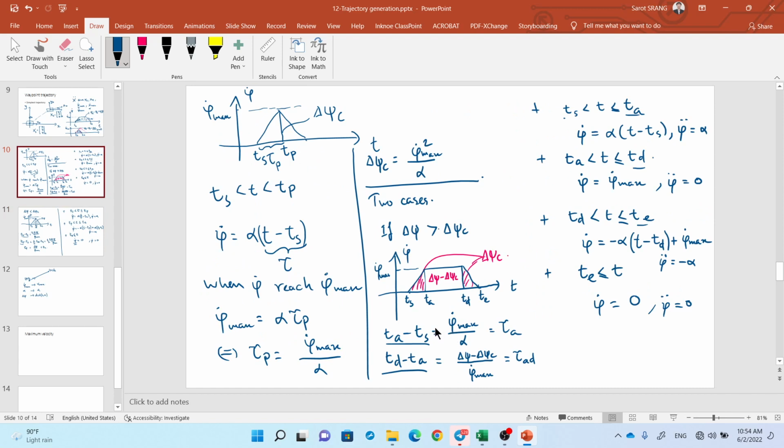Actually, in some cases that delta psi can be negative, right? In some cases. So we only discussed the positive case to find the time at some instant. So be careful when delta psi is negative. The velocity that we generate must be negative.